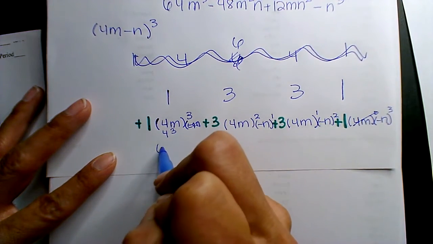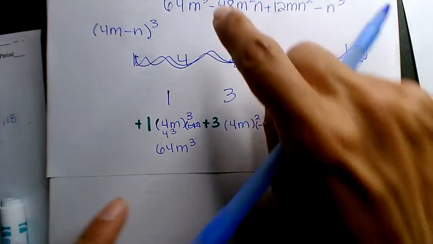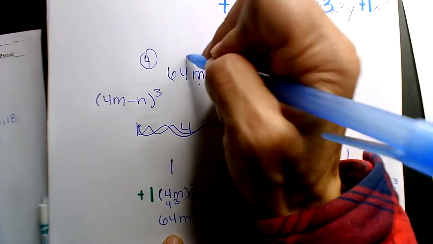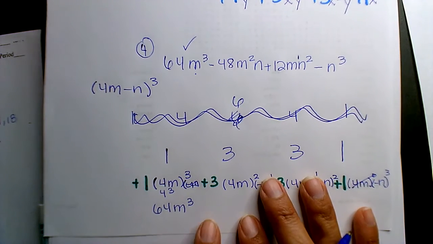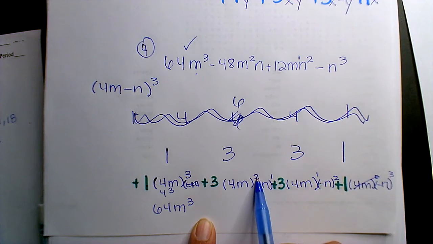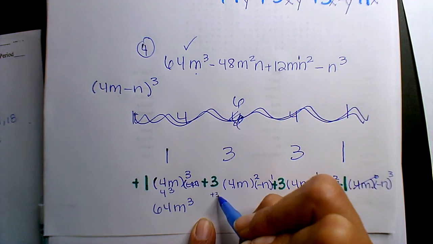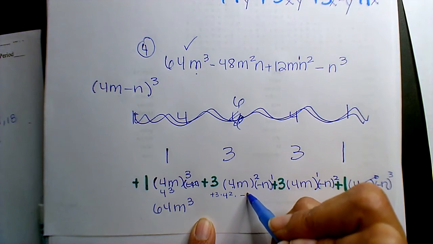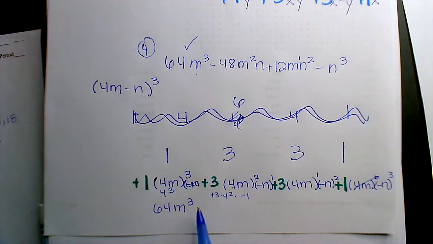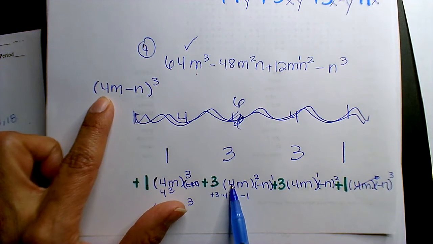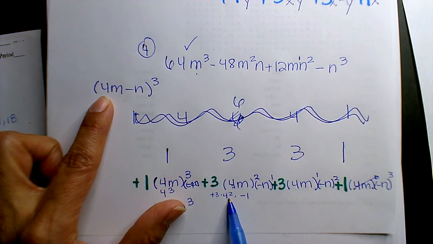So what's 4 cubed? 4 cubed is 64m cubed. And that's exactly what he has here. So check. Go to the next one. Positive 3, 4 squared, and then you have a negative 1. Remember, the 3 is from Pascal's triangle. The 4 is from the first term, but that's squared, so 4 squared.